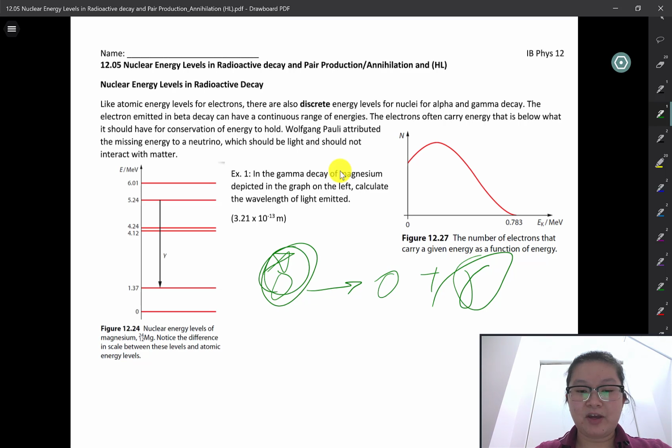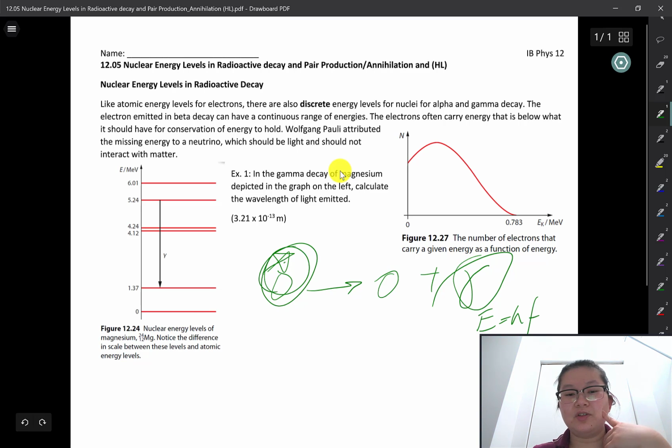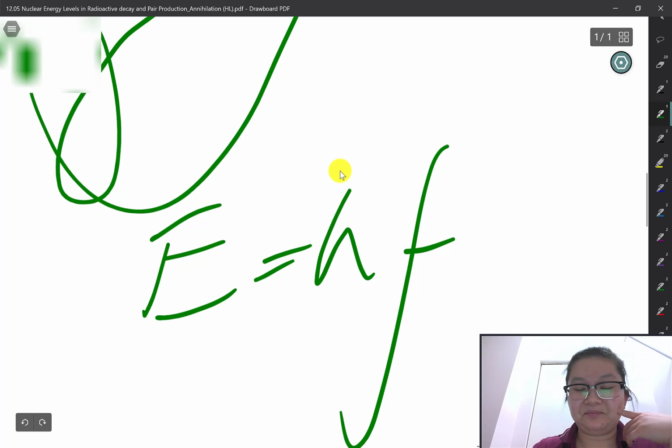So this guy might go from a high excited state to a lower excited state in which the energy difference is very specific. It corresponds to this photon of light that's emitted in relation to the Einstein-Planck relationship, okay?